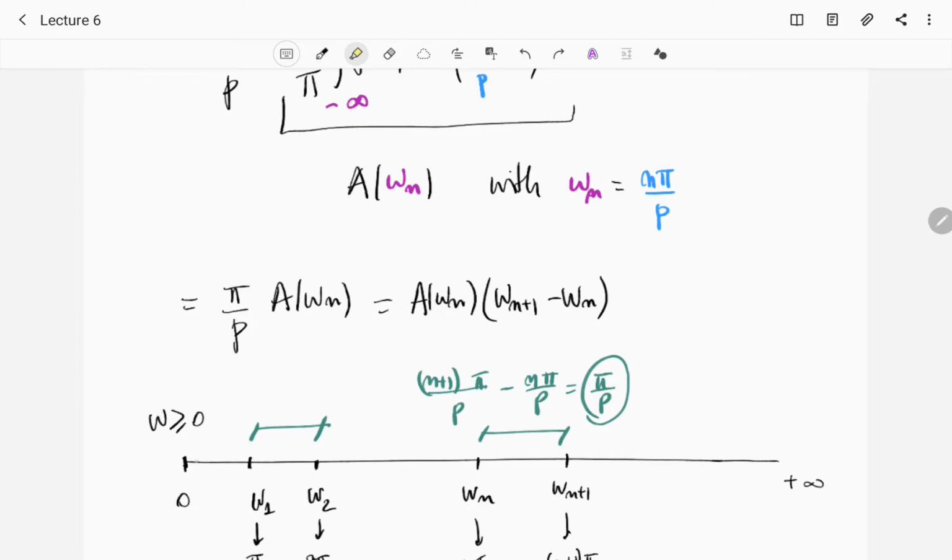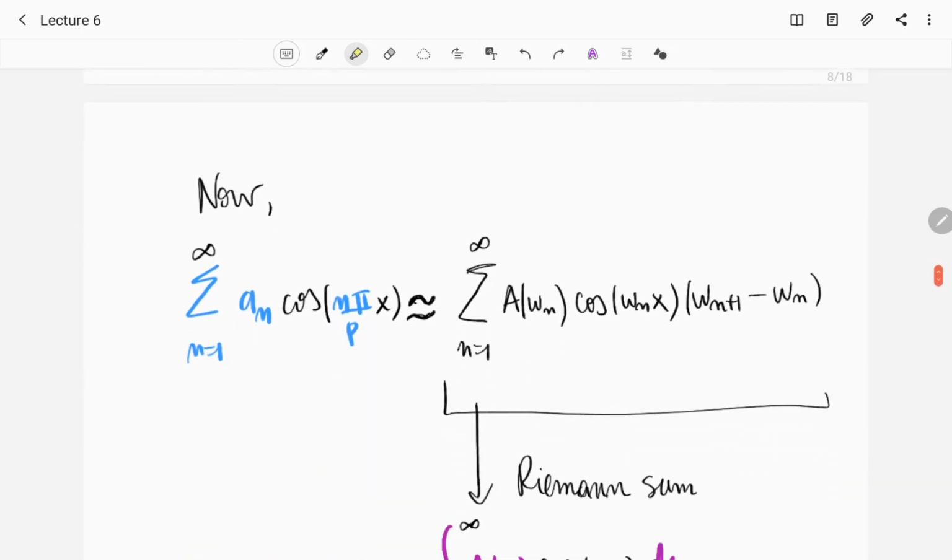We have the positive real line divided into infinitely many intervals of this length, pi over p, and we compute the value of capital A at omega_1 times omega_1 minus 0, A at omega_2 times omega_2 minus omega_1, and so on and so on. So this is the situation, and this is what we have here.